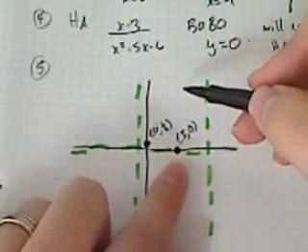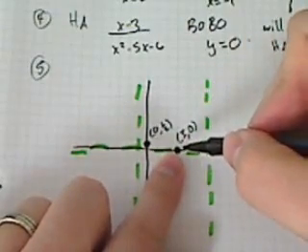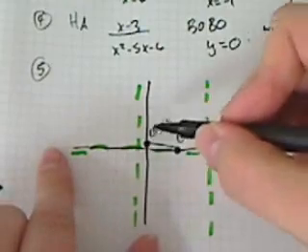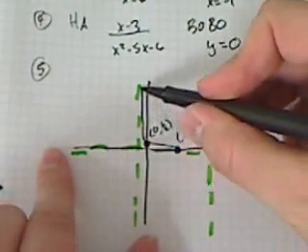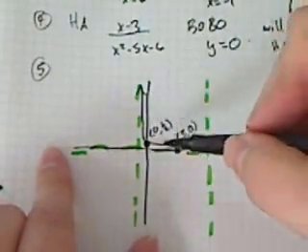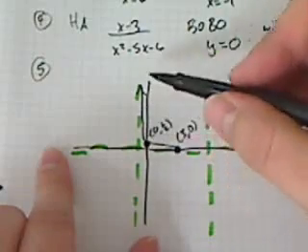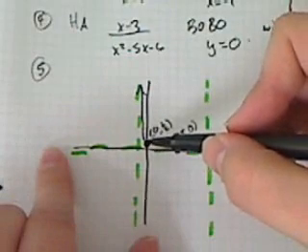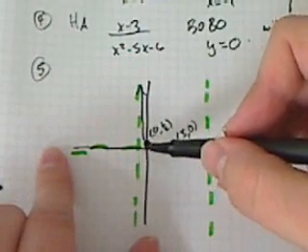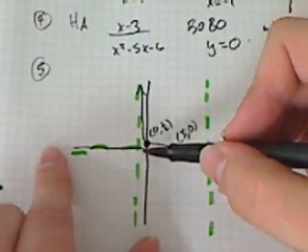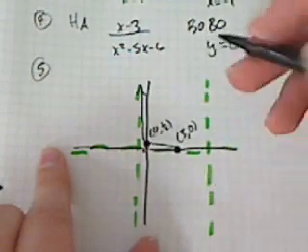Now, if this is the only point where it can cross the x-axis, when I connect these two dots, it is going to have to go up to the left side of this asymptote, straight up. The reason why is that I cannot cross down and cross the x-axis a second time. Otherwise, this would have been another zero of my function.